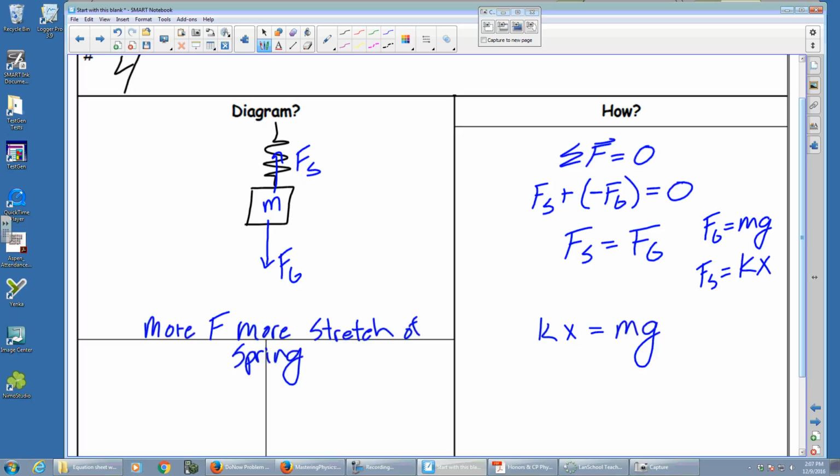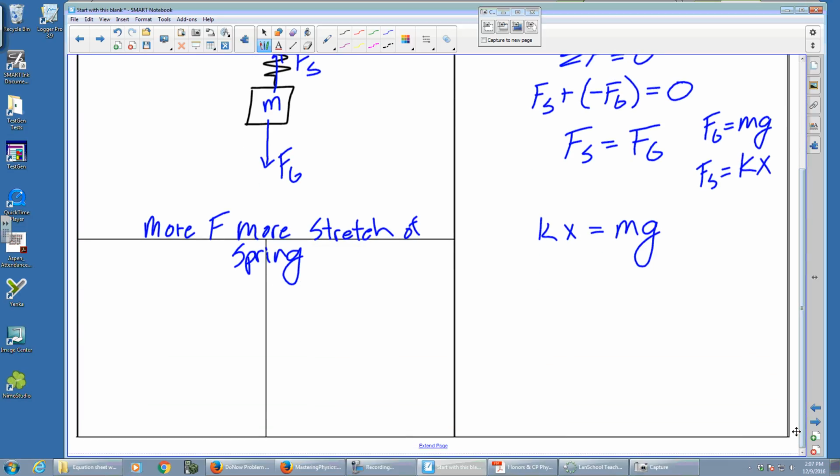Should I do the algebra now or put in the numbers? I'd rather do the algebra. Alright, let's do the algebra. Because all I have to do is I'm looking for x. So I divide both sides by k. Right? Pretty straightforward algebra, yes? Nacho, you get that algebra?